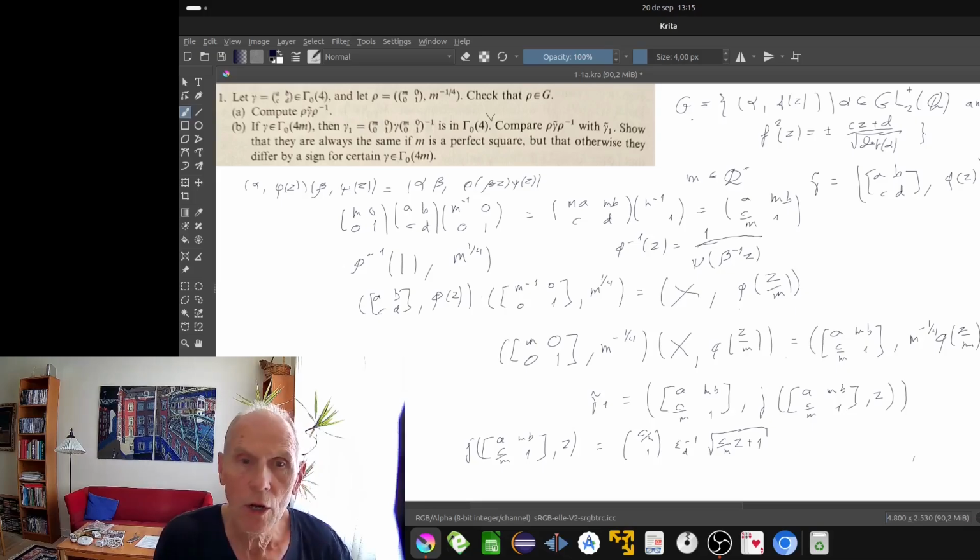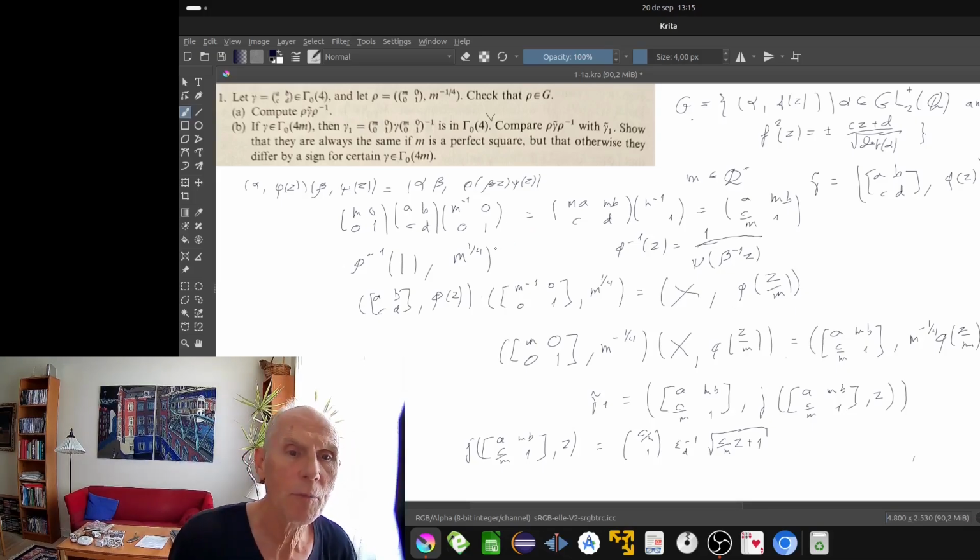Oh, actually, I did a terrible mistake here because we already know this guy. Because this, of course, is a subset of gamma naught of 4, which is where? There. So it has the same form.